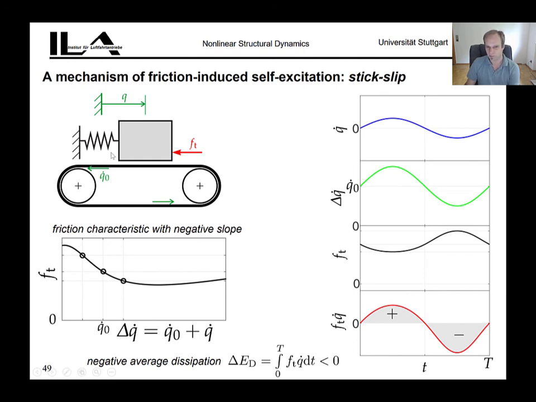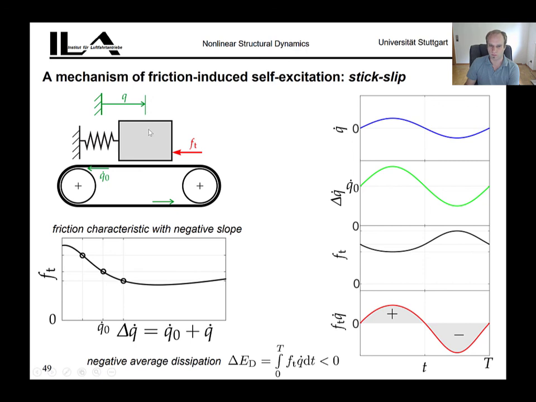And this can be explained by this spring mass oscillator, which is exposed to some dry friction, because we have this band which goes round and round, and we assume that this band has a certain imposed velocity, q dot 0.